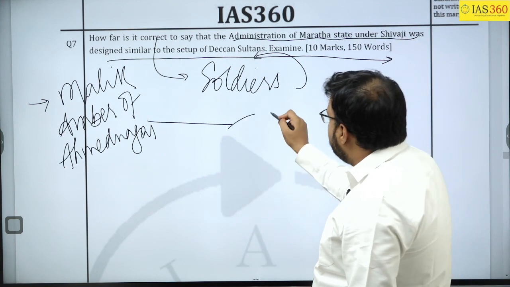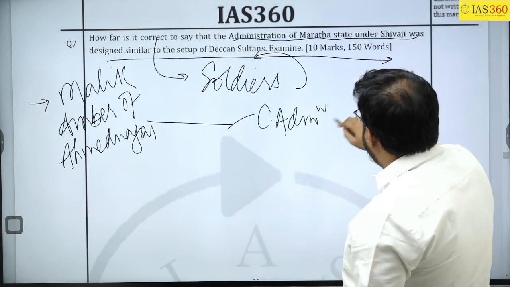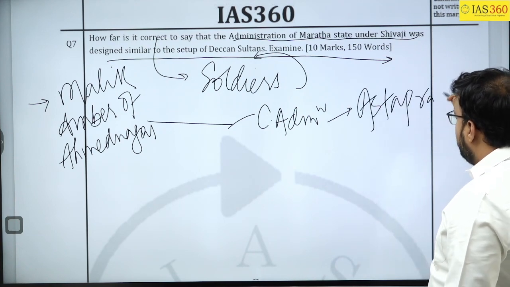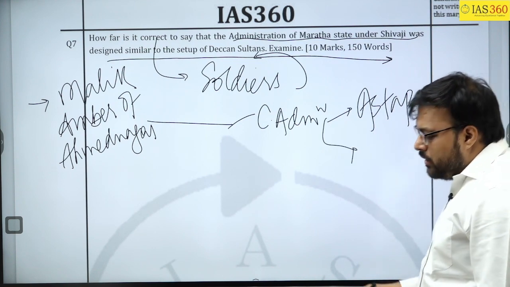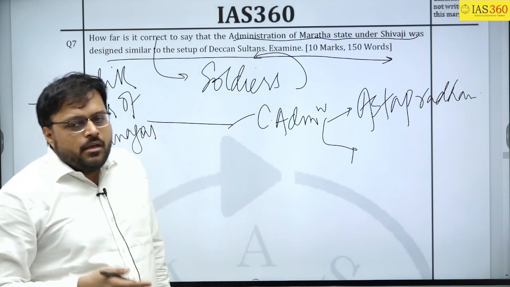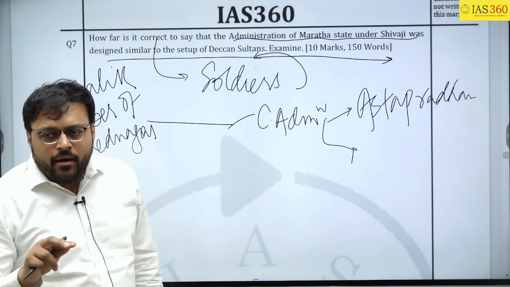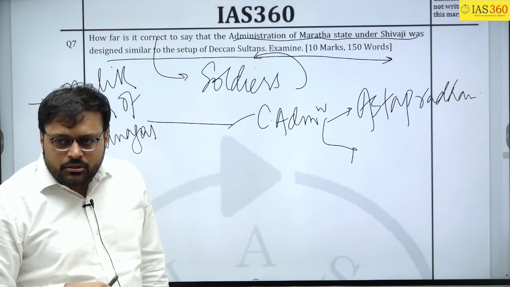You can see this in the central administration of Shivaji, which was based on the system of Ashtapradhan. Then you can talk about how in the Deccan Sultanate kingdoms also, there were two people who would not go to war, the Pandit Rao and Nyayadhish. The same thing was in Shivaji's administration.